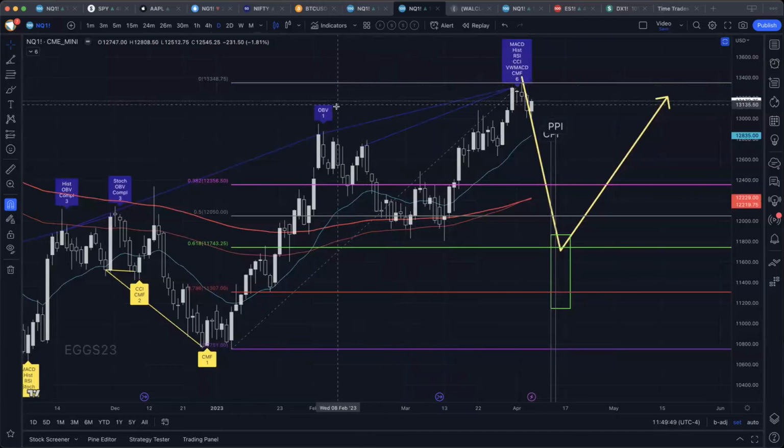You can see how significant these are: as you go back in time, they tend to indicate important pivots in the market. So from a technical perspective, we're really set up for a pullback here.